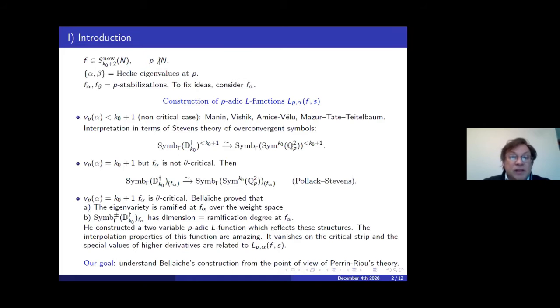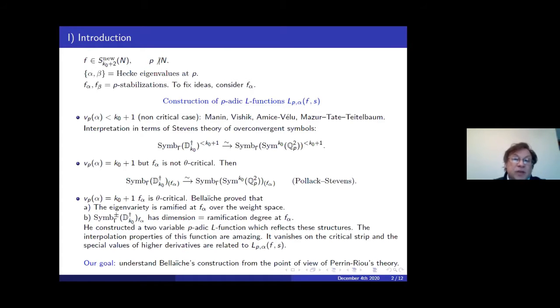In this case, the theorem of Pollack-Stevens fails, and this case was studied by Bellaïche using a careful study of the geometry of the eigenvariety at this point.